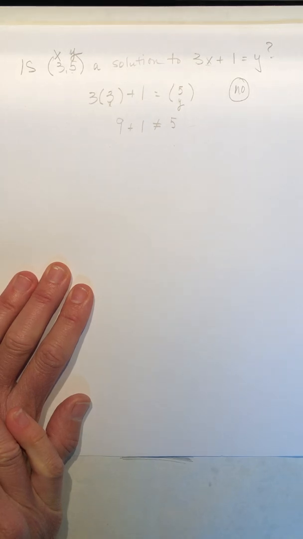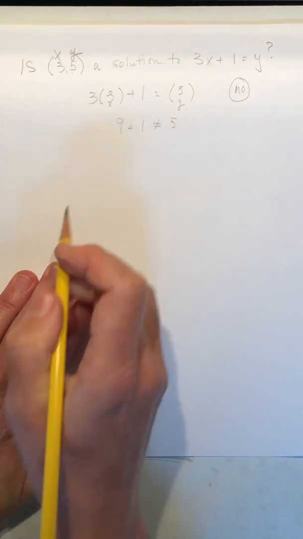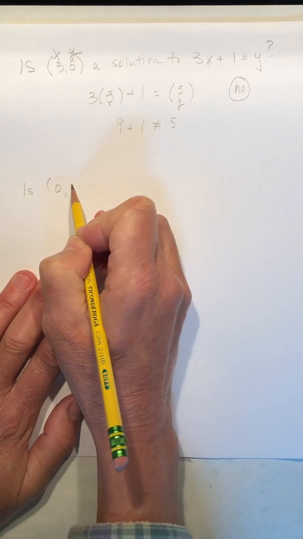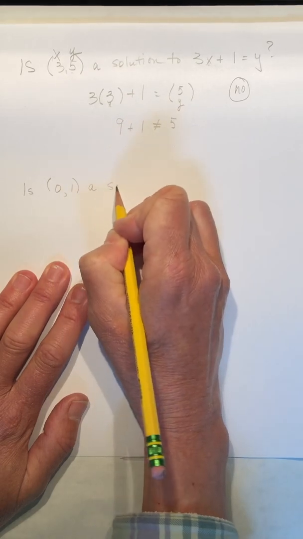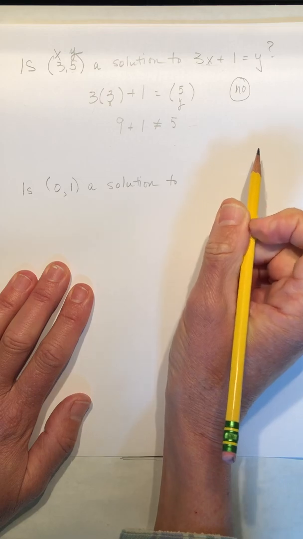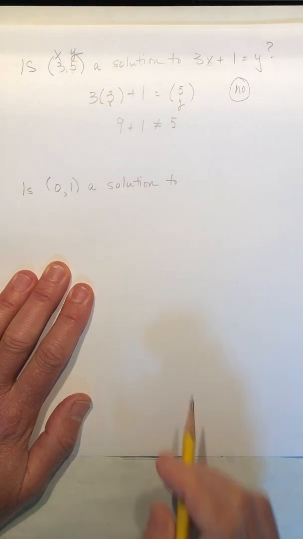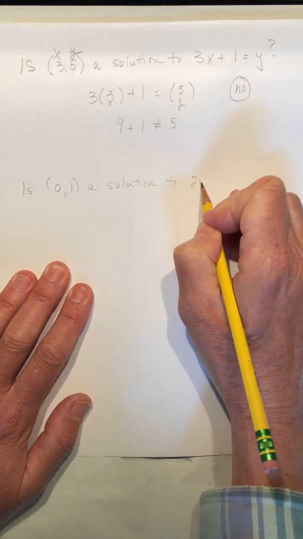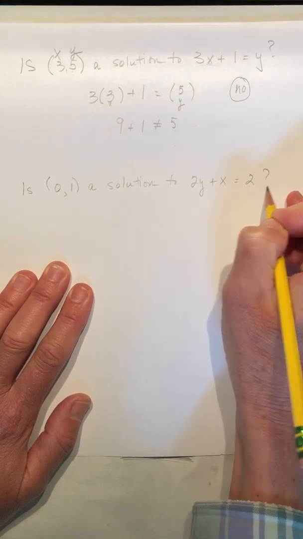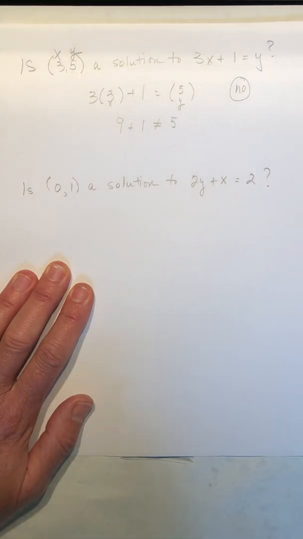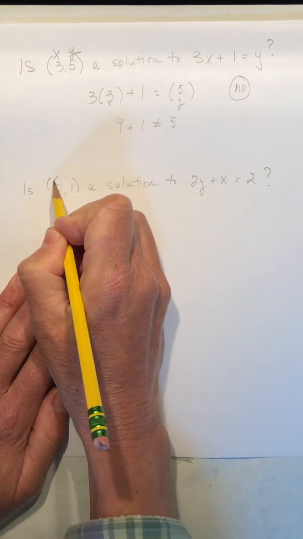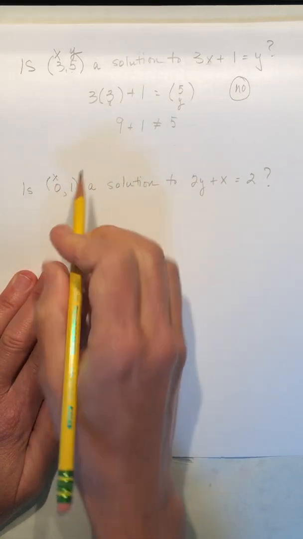Let's do another one like that. So the question is, is 0, 1 a solution to 2y plus x equals 2? So remember, this means that the x value would be 0 and the y value would be 1.